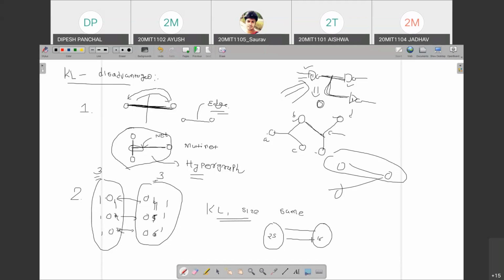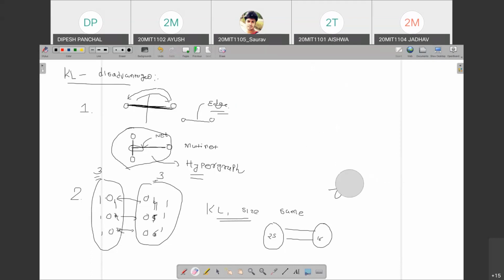So let's discuss the third and very important disadvantage, which we call runtime complexity.